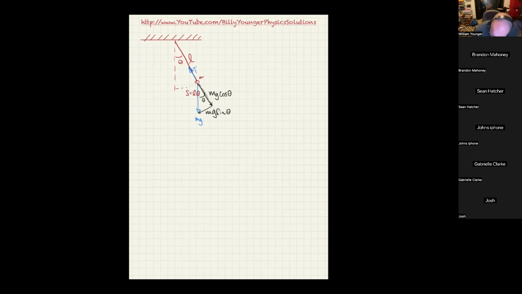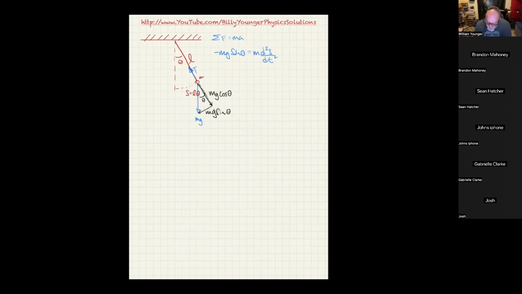And what we're left with from Newton's second law, the summation of forces is equal to mass times acceleration, in this case ends up giving us negative m times g times the sine of theta is equal to m d2s over dt squared, where s is that little arc length that I drew in there.